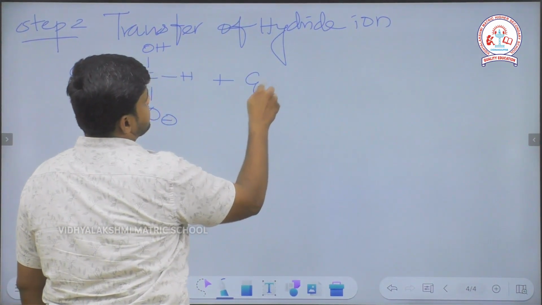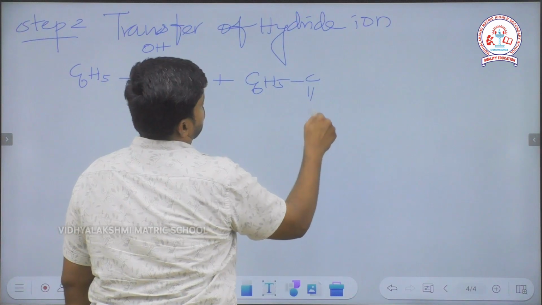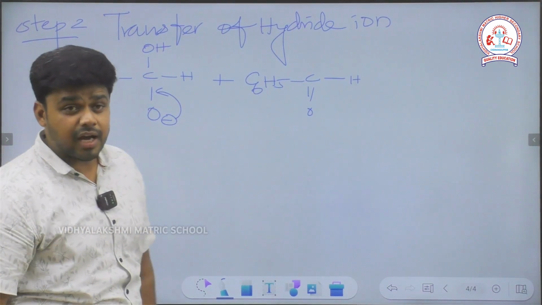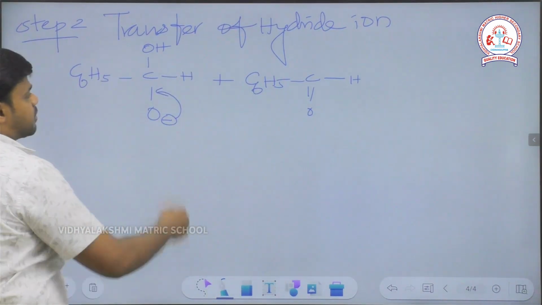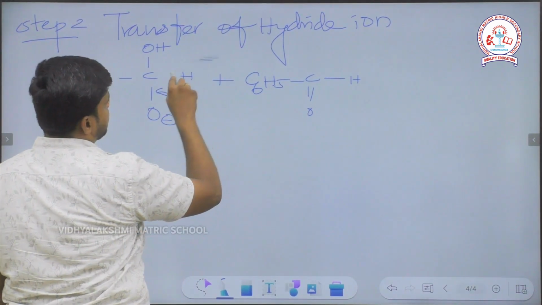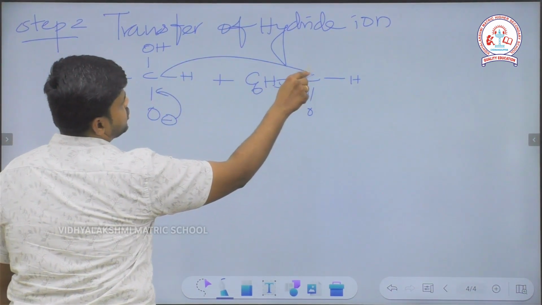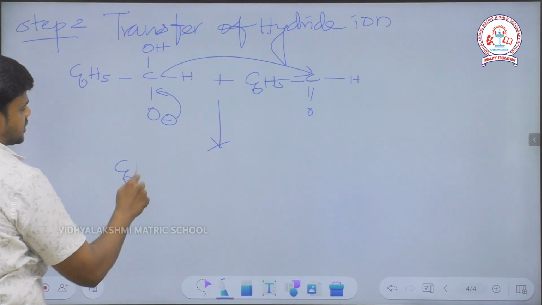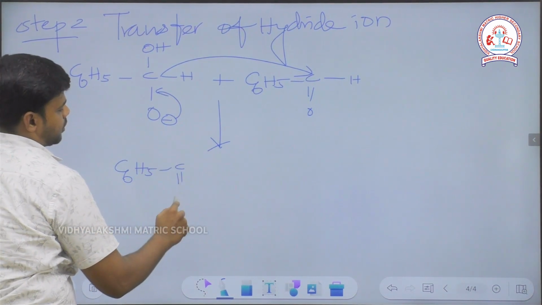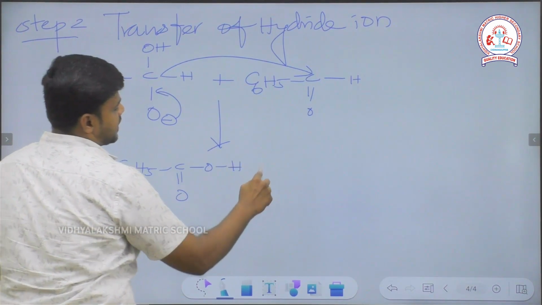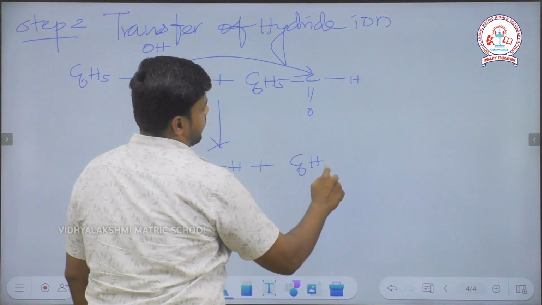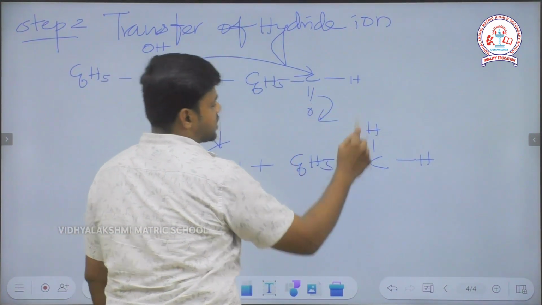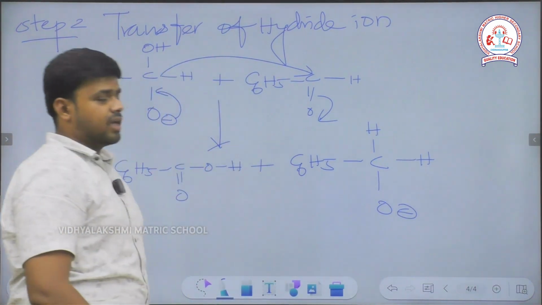Then the second one is C6H5, C double bond O, H. What happens here? This bond will shift, thereby forming a double bond between carbon and oxygen. So the valency of the carbon becomes 5, so hydrogen will take up the electron of the carbon, thereby it goes as H minus. So your product is C6H5, C double bond O, OH. Then the other one we have got is C6H5, C, H comes here, H comes here. So valency becomes 5, this bond will shift and exist as an O minus. So this is the second step.